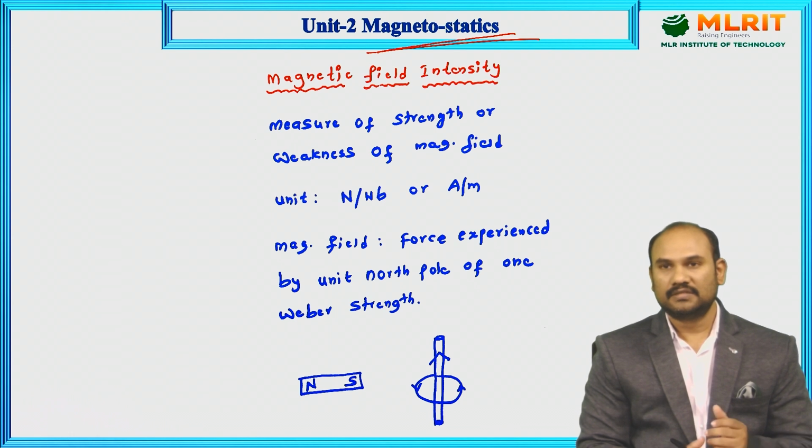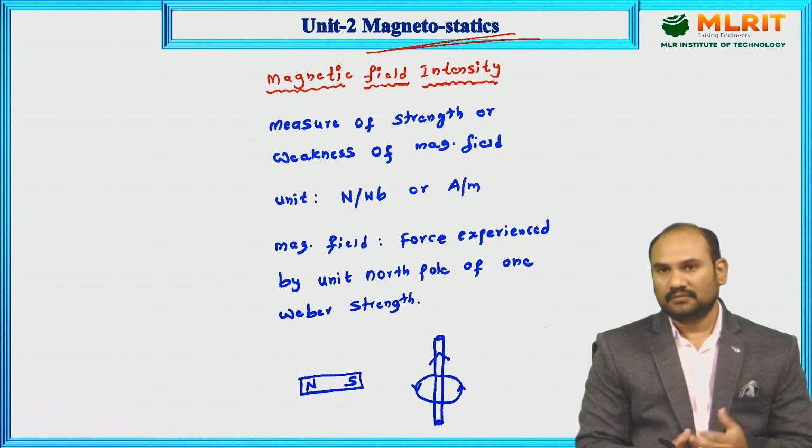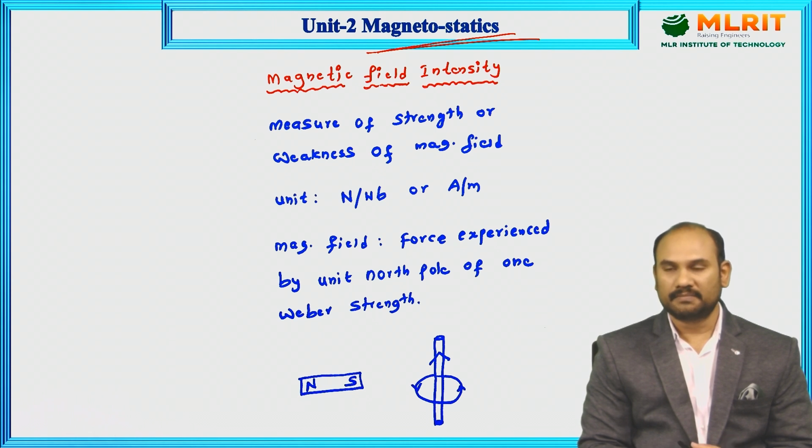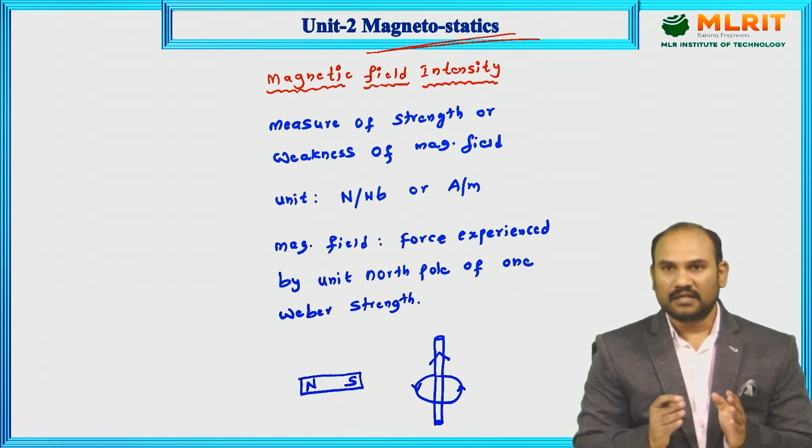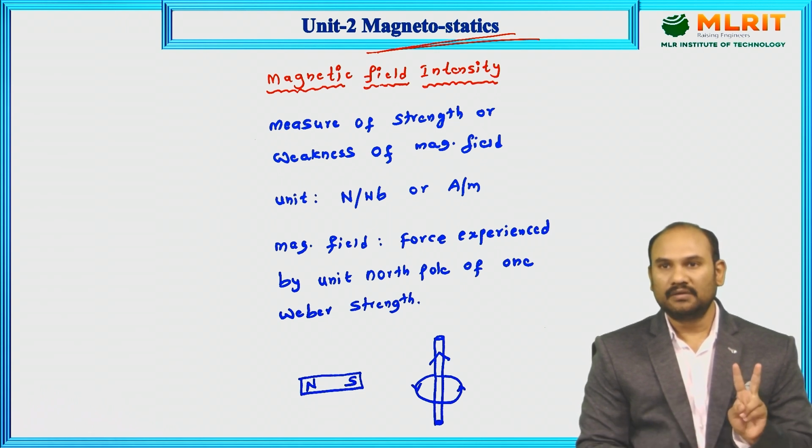Now, there are several parameters associated with magnetostatics: magnetic field, magnetic flux density, magnetic susceptibility, magnetic permeability, magnetic force, magnetic inductance. There are many parameters, but the study of magnetostatics starts with two important parameters.